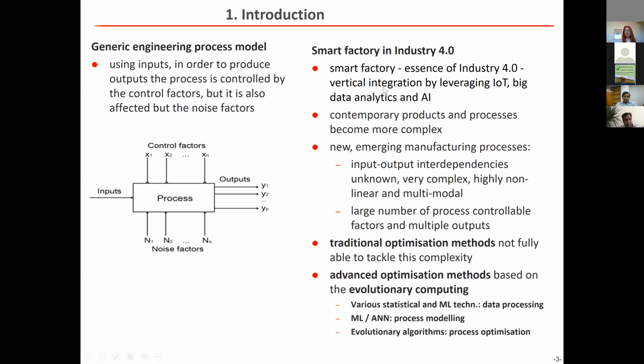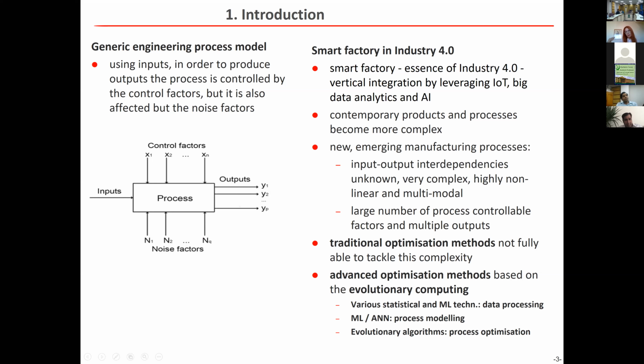If we are talking in reference to Industry 4.0, the smart factory is the very essence of Industry 4.0, and it is supported by IoT, big data and analytics, artificial intelligence, etc. Contemporary products and processes are becoming more and more complex, and nowadays almost all of our engineering processes deliver multiple outputs which are correlated.